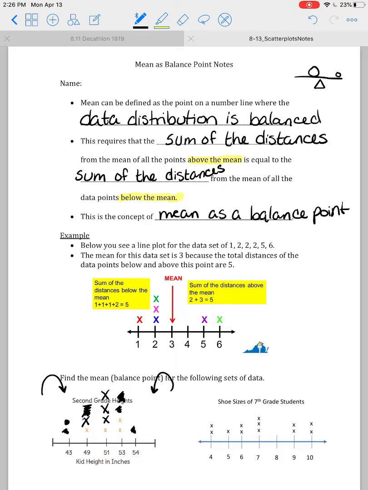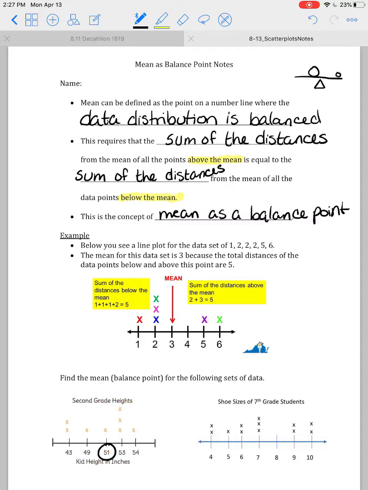Go back to 49, cross out an X, move it to the middle. Go to 53, cross out an X, move it to the middle. And then we finish up with 49 and 53. We end up with a situation where all of our data points are stacked on 51, so the balance point is 51.